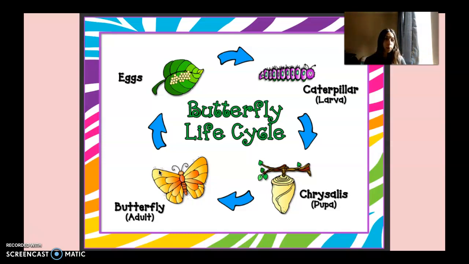So here we have a couple pictures, and those are going to tell us what those 4 stages are. So here we have a picture of an egg, a caterpillar, and right here under caterpillar we have what is called larva. So sometimes people can call a caterpillar a larva, or you can say caterpillar, but larva is another word that you can use. And here we have a chrysalis, and here's another word for it, a pupa.